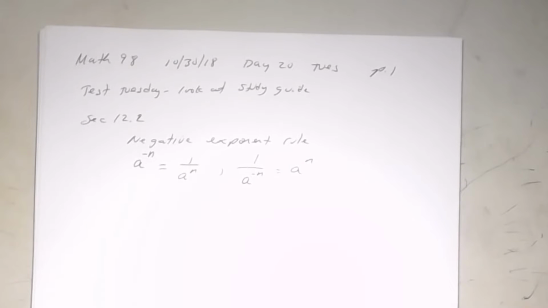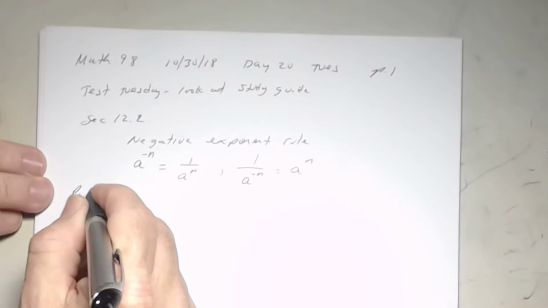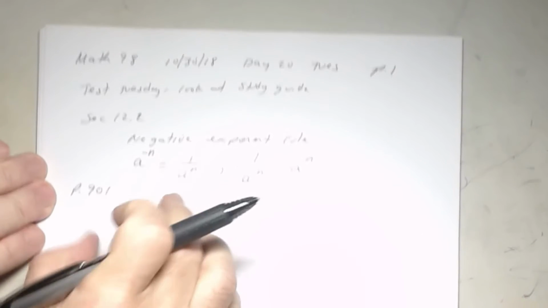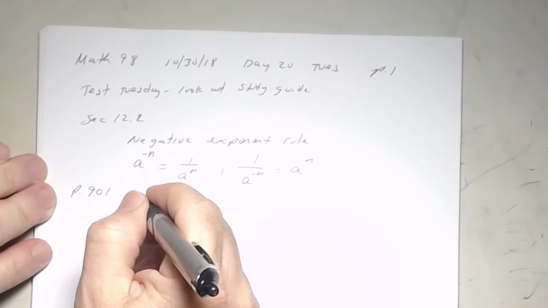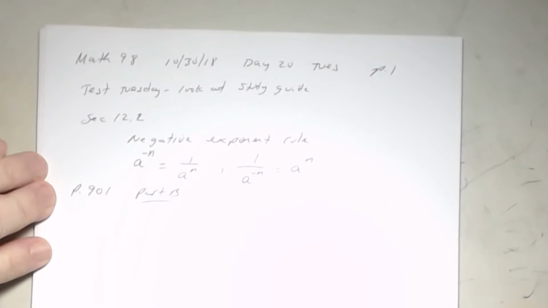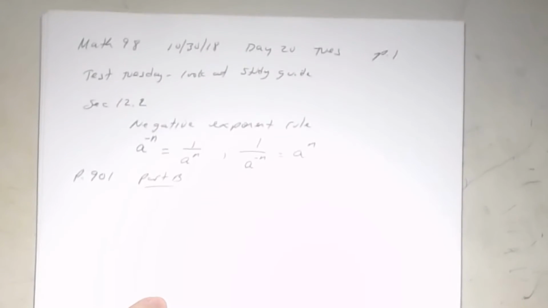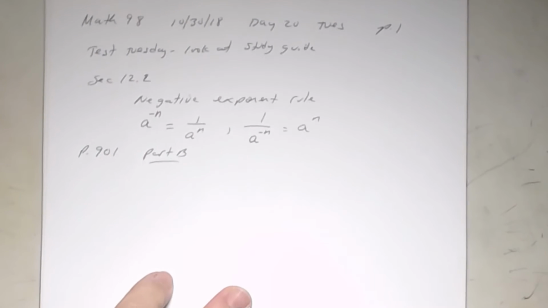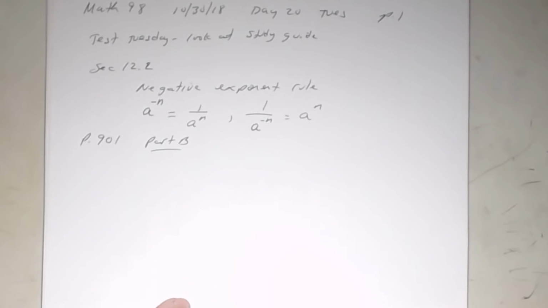All right, so let's look at this problem. So this is going to be number 29. That's on page 901. So this part here is going to be used with part B, 12.2 part B. And that's on your test Tuesday.